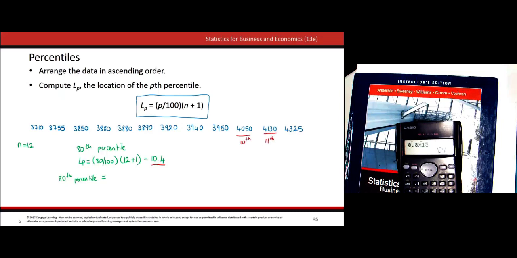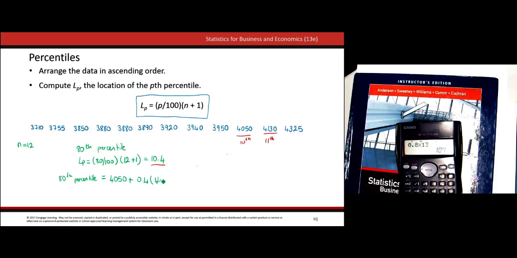Now how do you find the 80th percentile? We take the 10th observation, 40.50, plus, because of this 0.4, we are doing the interpolation. It is somewhere in between 40.50 and 41.30, but slightly closer to 40.50 because this is 10.4.